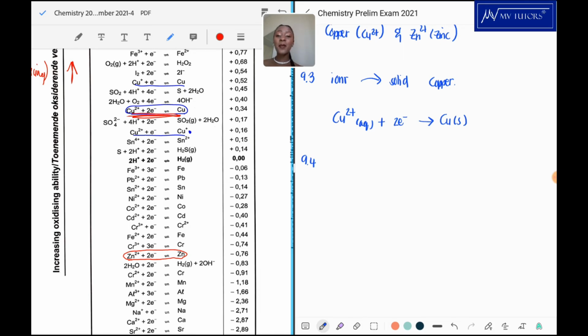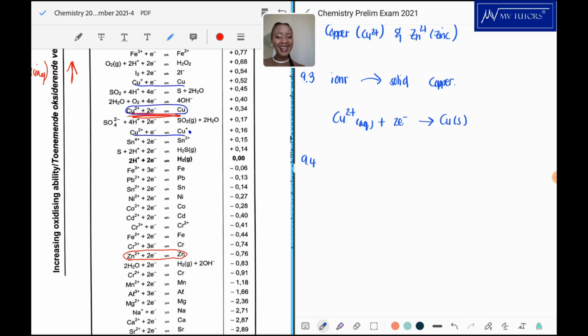And that is why at the cathode, it is the copper ions that will attach to the electrode, and that is why you only have copper. Zinc, on the other hand, has a lower reducing ability. It has a higher oxidizing ability, as we have seen, so zinc doesn't reduce as much as copper does.